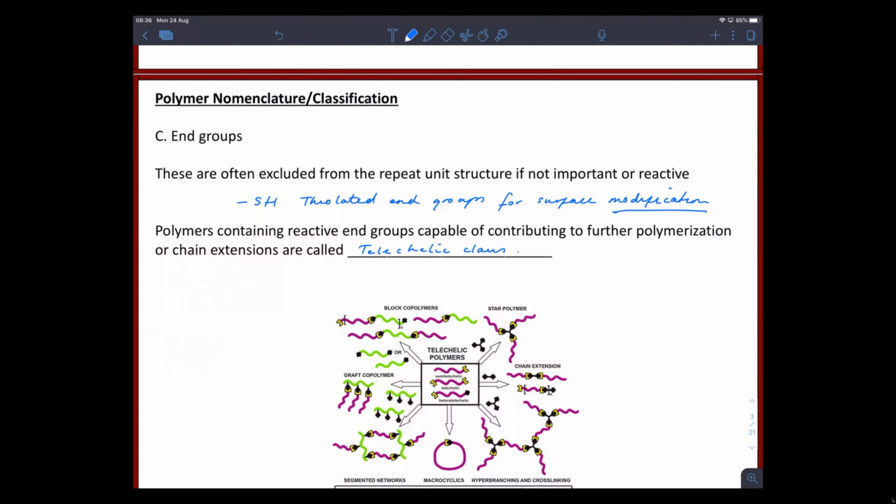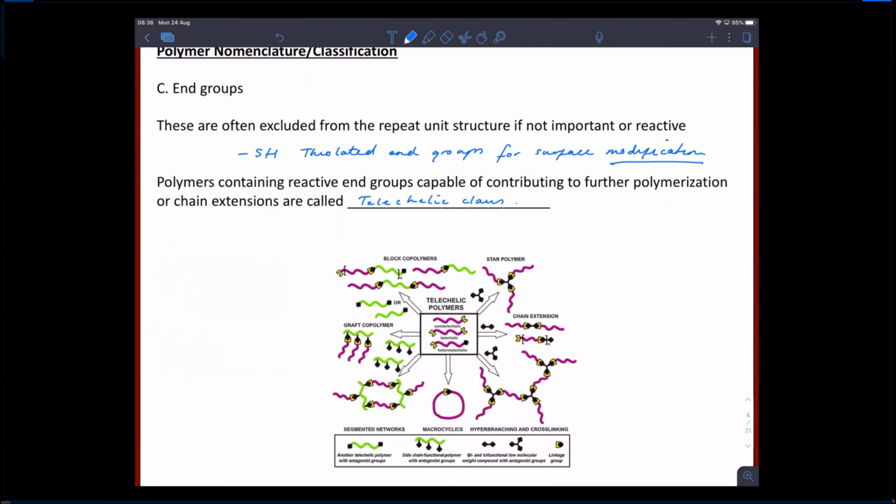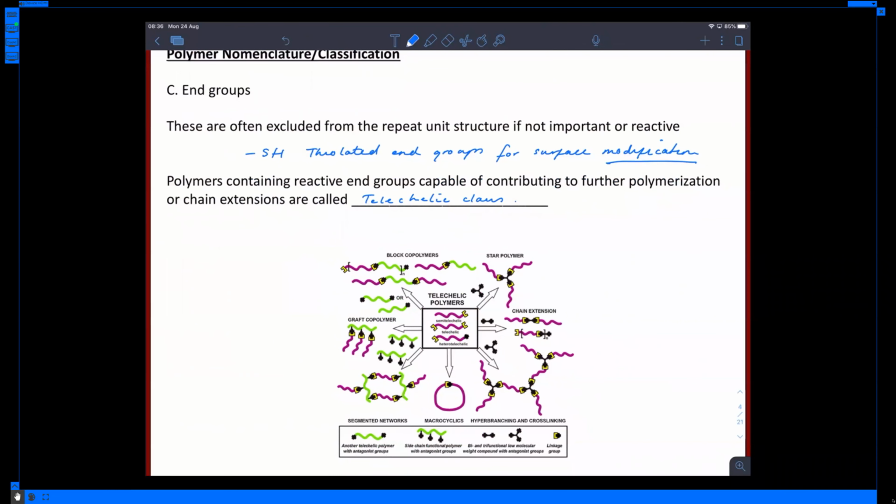You can see on the bottom here, I think this is an image directly out of the book recommended on the syllabus, but these different telechelic claws are really these branches that come off, and they're capable of extension and further reaction to extend those polymers. So things such as OH, hydroxyl groups, become important there.